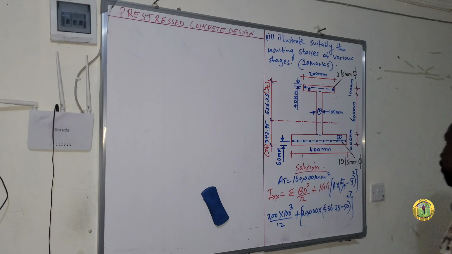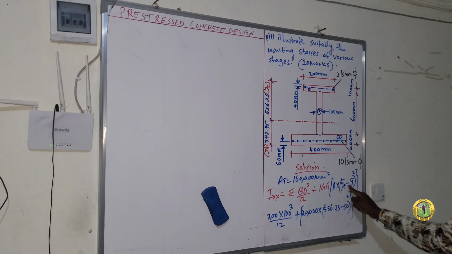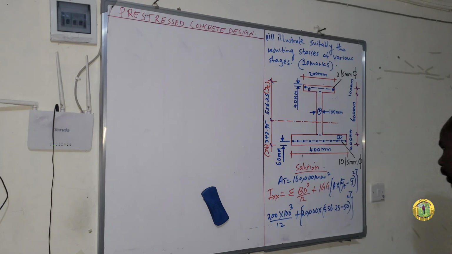So area times y bar from the top minus y bar of the portion you are considering, and then square.